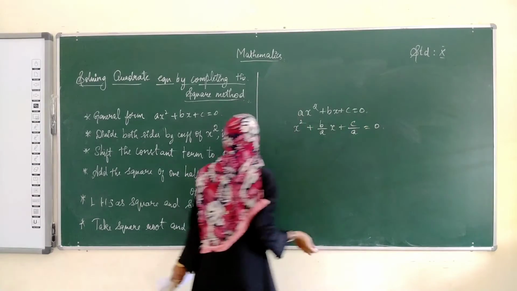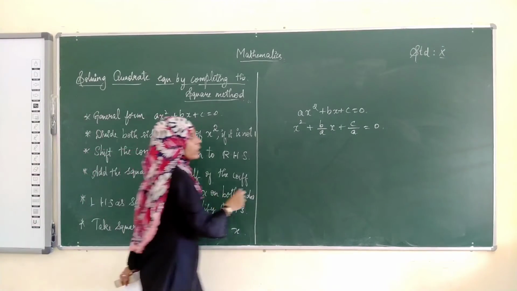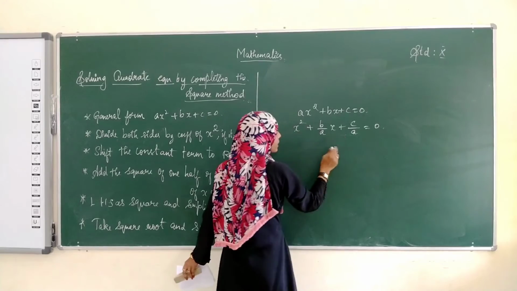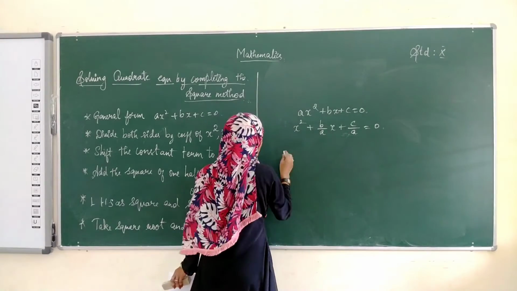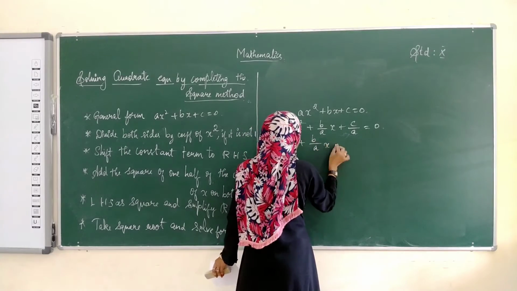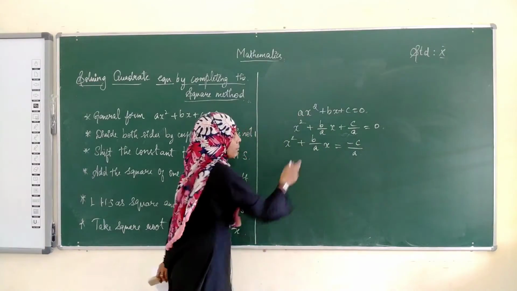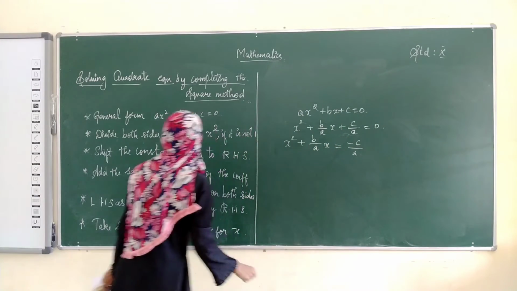The next is shift the constant term to the right hand side. What's the constant term? c divided by a is the constant term in this equation. Therefore, x square plus b divided by a into x is equal to minus c divided by a. By shifting, it becomes minus c divided by a.